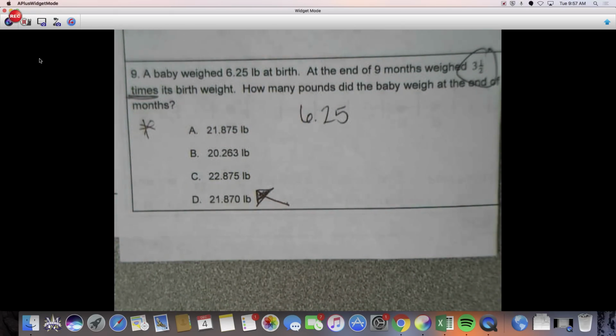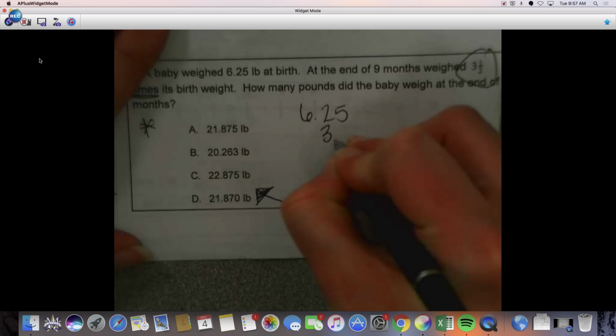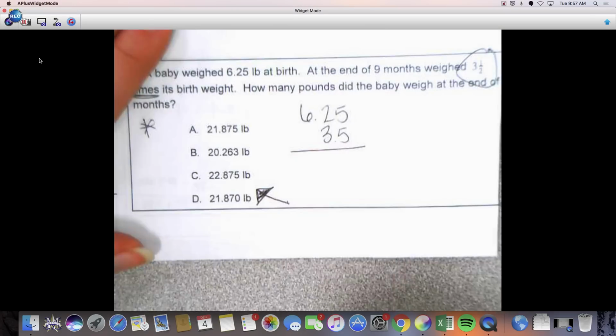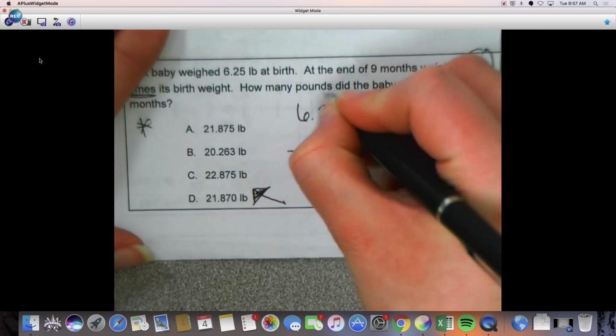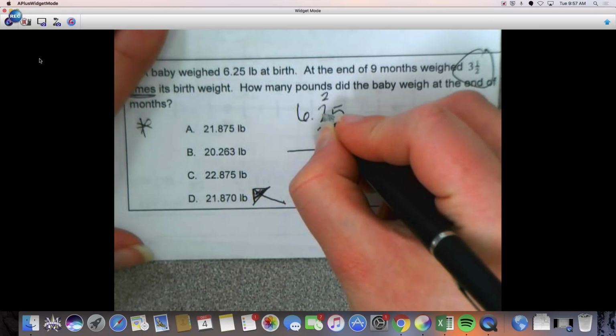Sebastian? We can just turn the 1/2 into 0.5, so it'll be 3.5. Good, because I use that poster over there, and I know it's just 3.5. And then I multiply. What is 5 times 5? 25. What is 5 times 2?